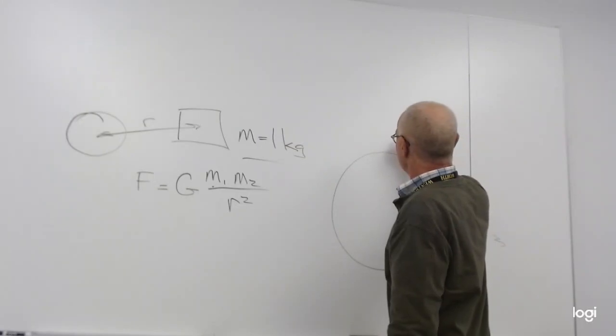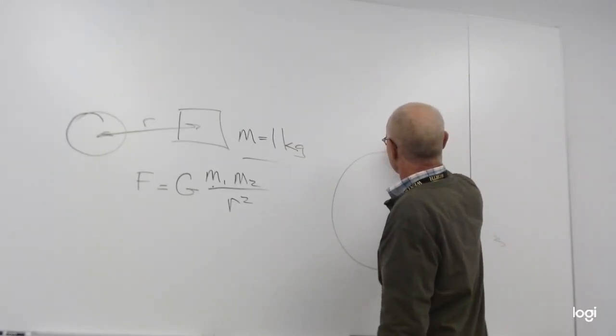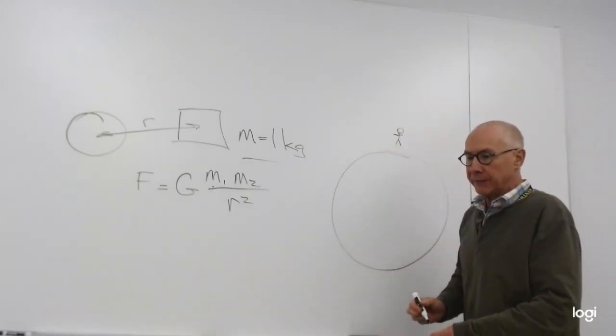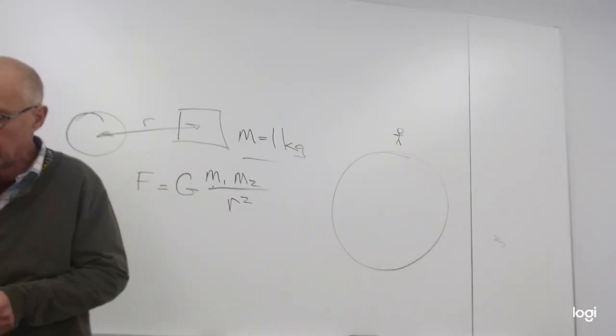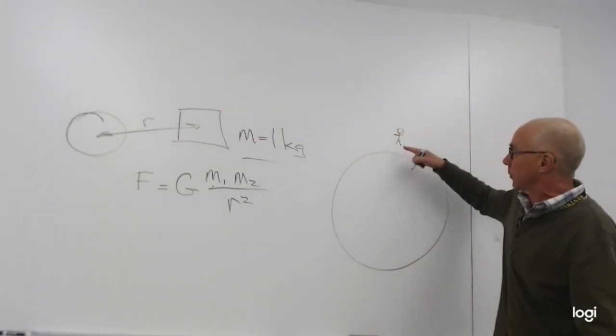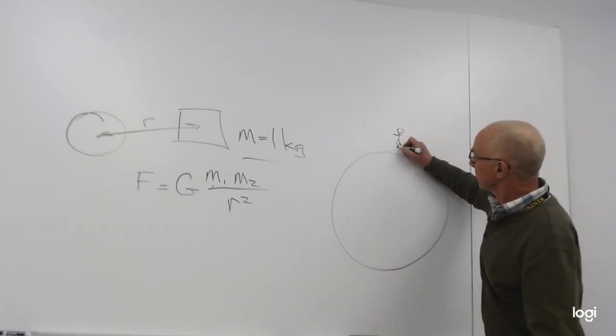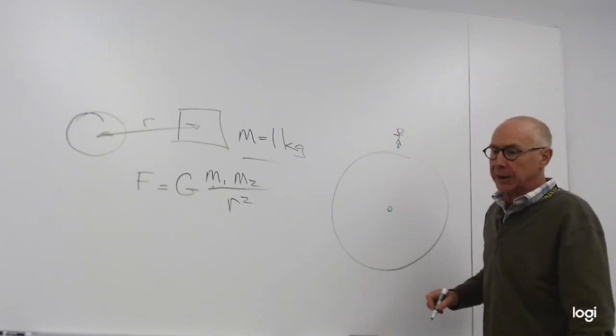Here's our planet Earth, and here I am, jumped up in the air. There is, in fact, a gravitational force applied from the Earth on me. It's going to be downward, in the direction of the center of our planet.